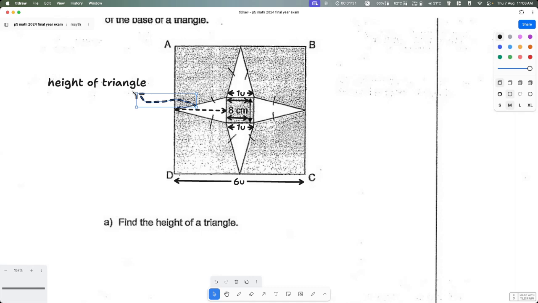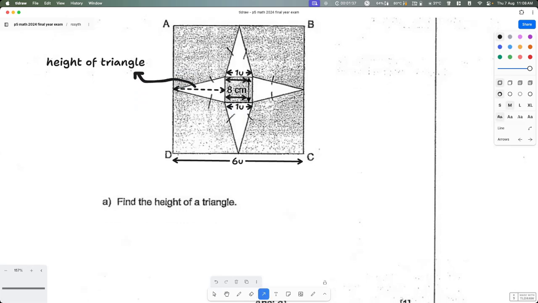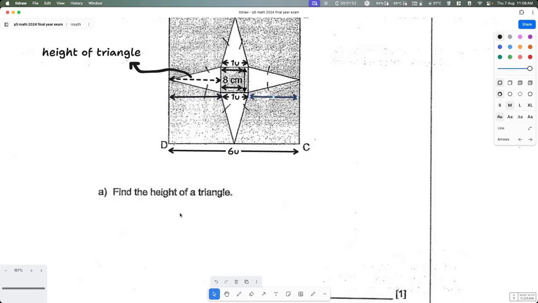All right, so I think we will know what is the height of the triangle, because if this is 1 unit and these are the same, right? This one and also this one is the same, right, over here, as you can see? So that means we can figure out what is the height of the triangle. Okay, so we know 1 unit is equal to 8 centimeters.